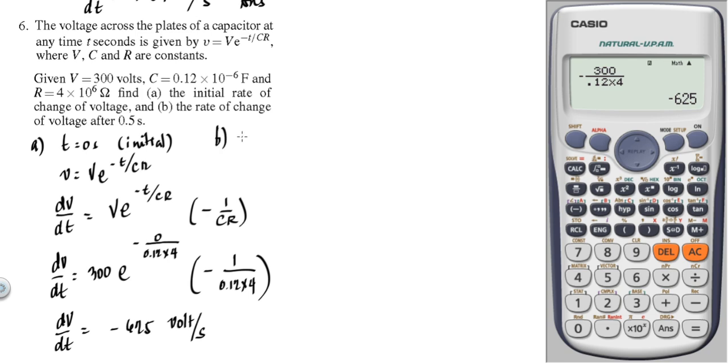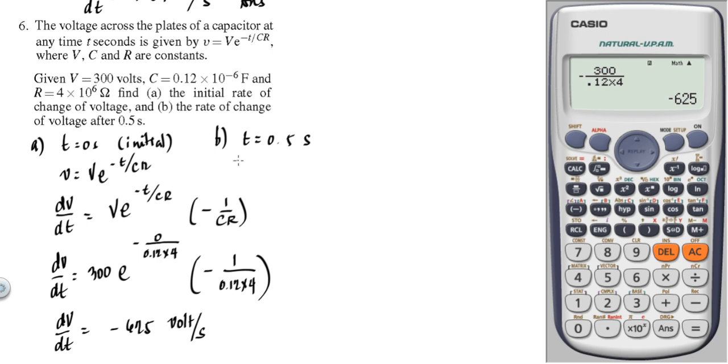B is rate of change of voltage after 0.5, no? So t equals 0.5 second naman. So same equation, but this time the t is 0.5. Yung 0 dito, magiging 0.5 na. Yes?